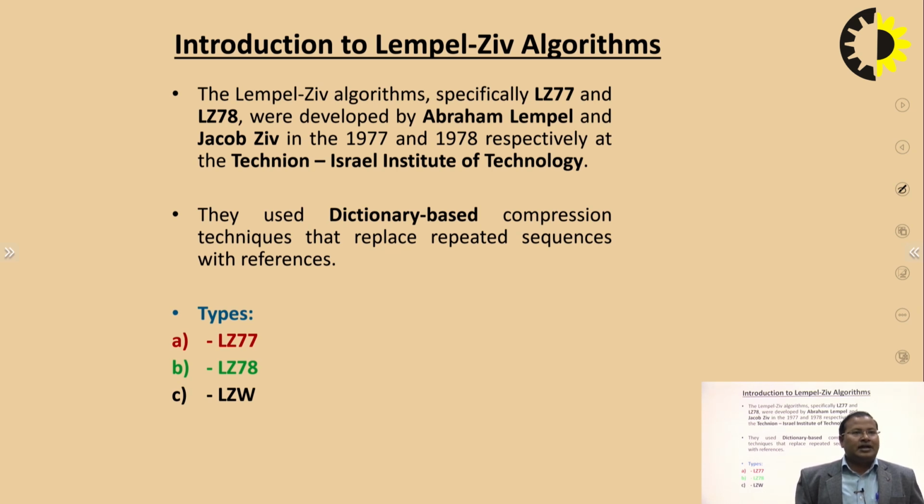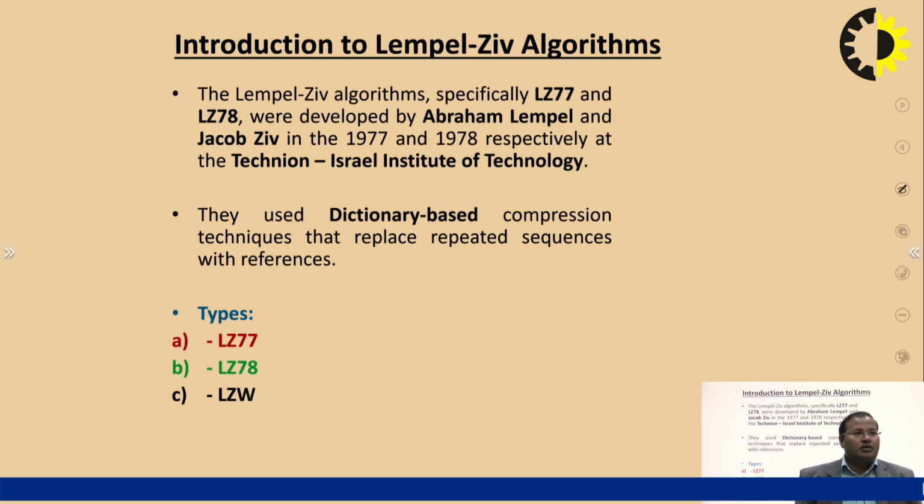It was developed in 1977, so its name becomes LZ77, and in 78 it was developed, so it became LZ78. While working at the Israel Institute of Technology, they used a dictionary based compression technique that replaces repeated sequences with references.